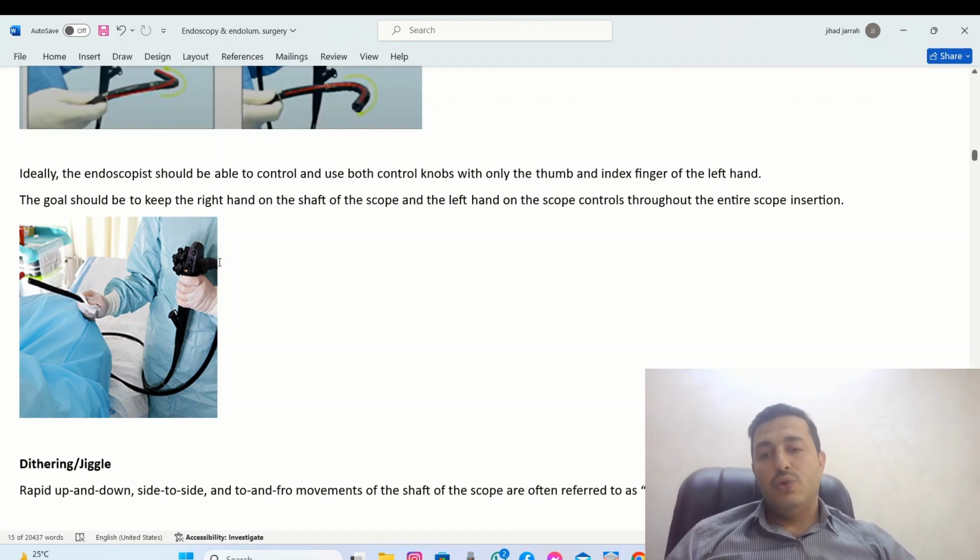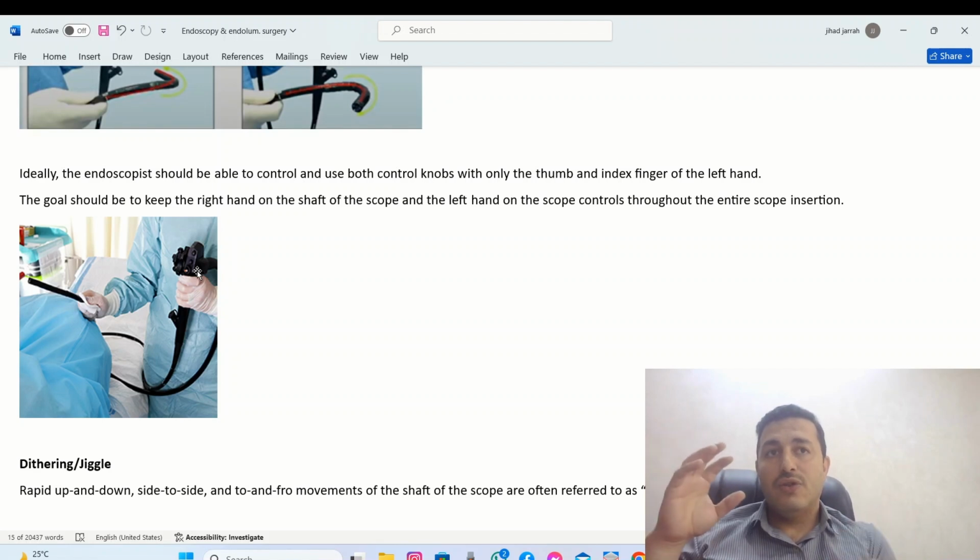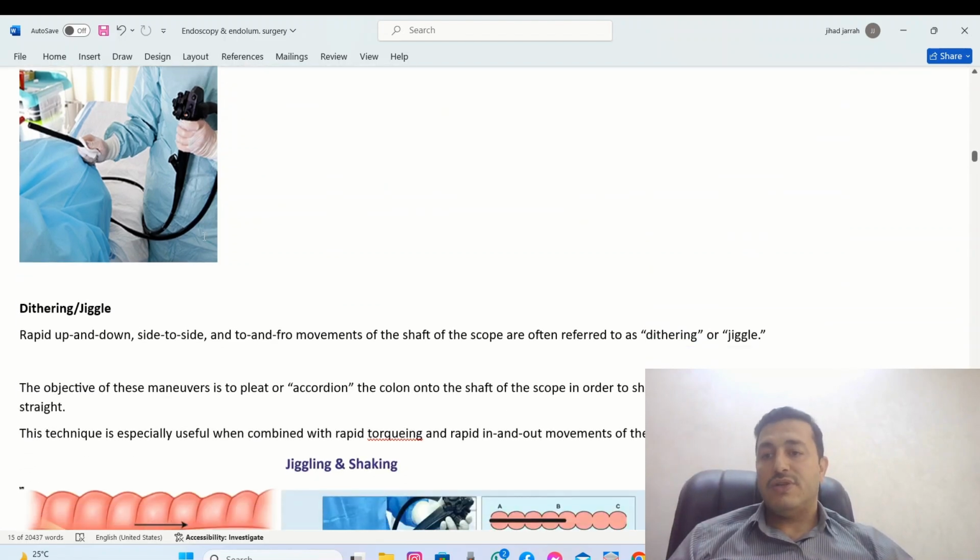It's better to be a one-person procedure. Of course, an assistant can hold the scope and you will tell him push, pull, but it's better to learn it as a single doctor procedure.